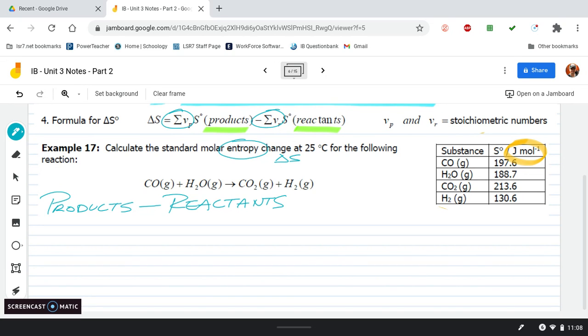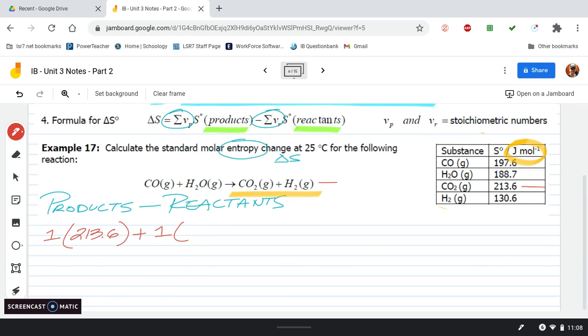Let's take a look at the products first. Let's do 1, because there's only one carbon dioxide. Here's carbon dioxide, 1 times 213.6, and let's add that to 1 times the hydrogen.